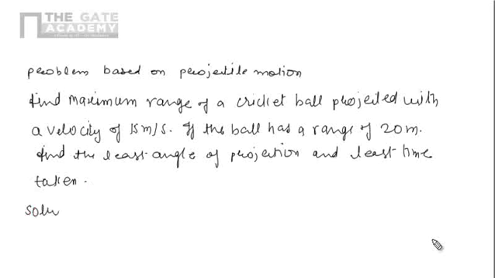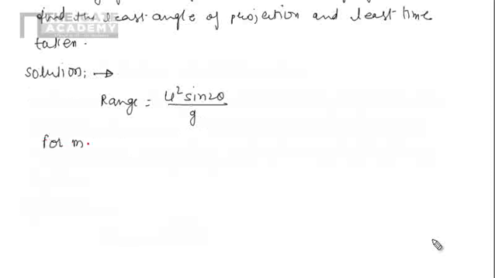Now we are solving this problem. First we will go for maximum range. We know the formula for range is u square sine 2 theta by g, and for maximum range theta will be 45.